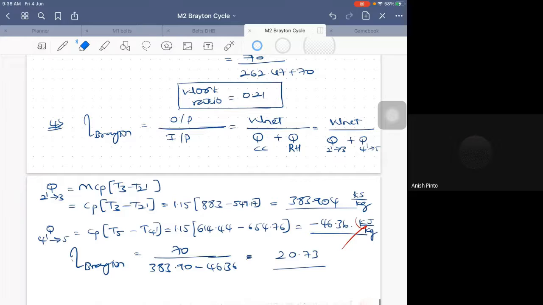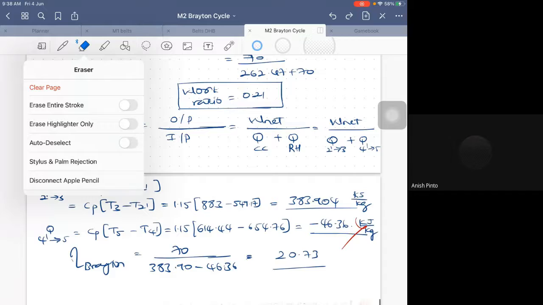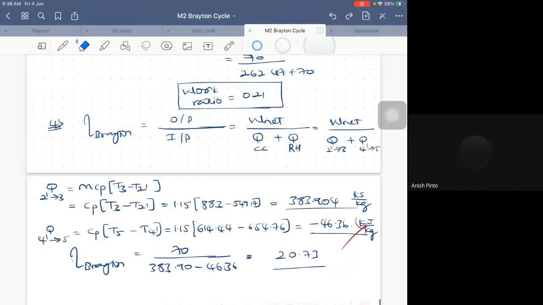Okay, typical problem. The textbook value was 19.9, which means approximately 20%. We have just got above it. And the work ratio textbook answer is 0.215 and we have got 0.21. That's correct.